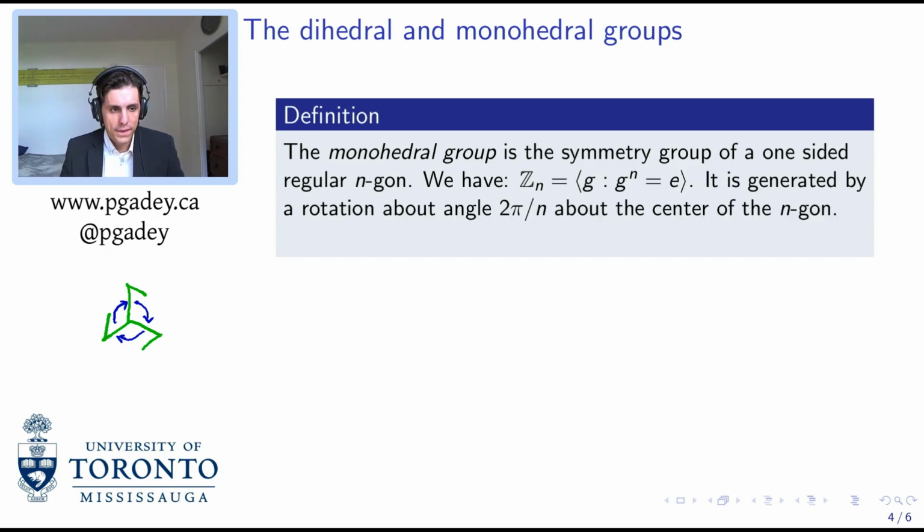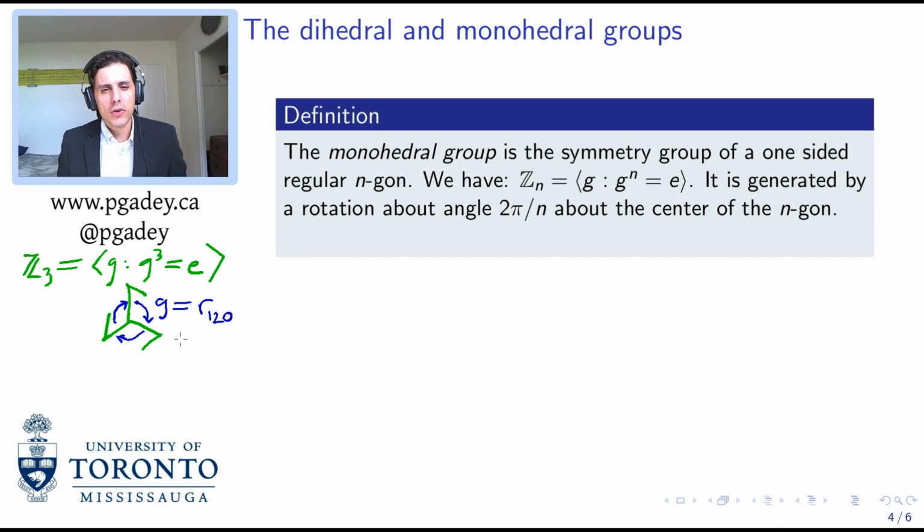So this group, Z3, can be presented as G, with G cubed being the identity, and that rotation G is by 120 degrees. So that's an example of a monohedral group. Just want to point out the size of this group. The size of the monohedral group is n, so that subscript n corresponds to the size of the group.